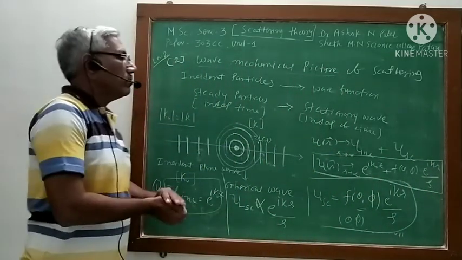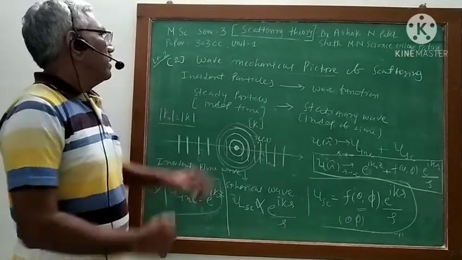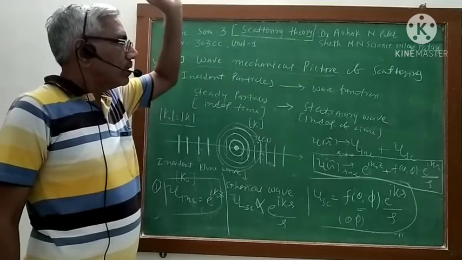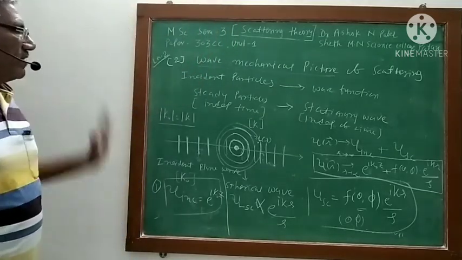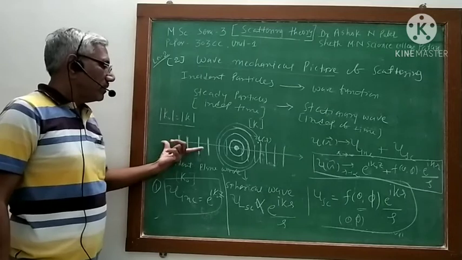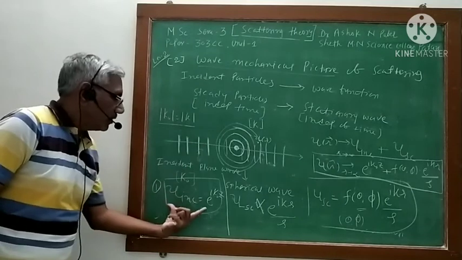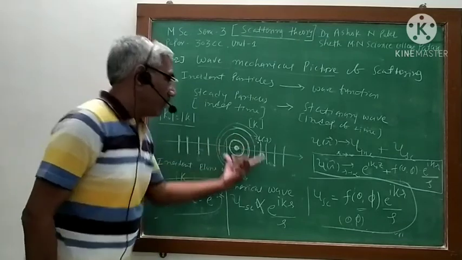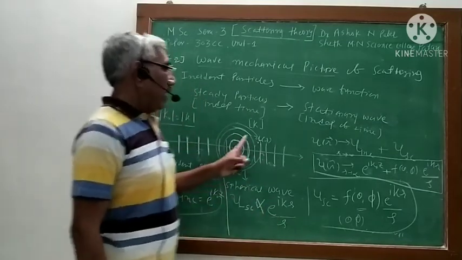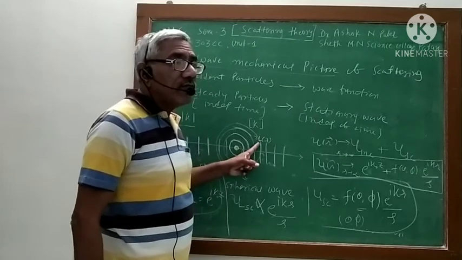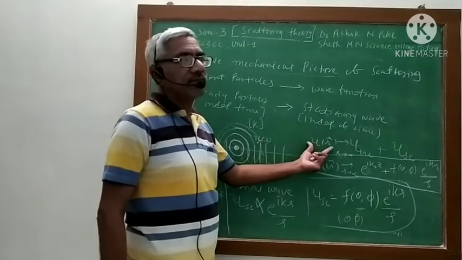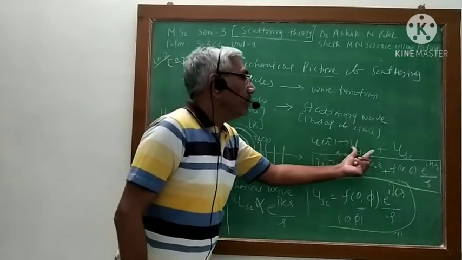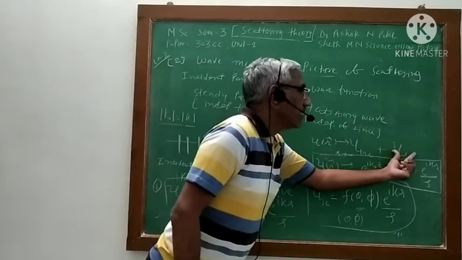Here you have to remember that in the wave picture of scattering, you have to consider the particle as a wave. The incident wave is represented with this wave function, scattering of the wave is represented with this, and the resultant wave function at a very large distance becomes u incident plus u scattered.